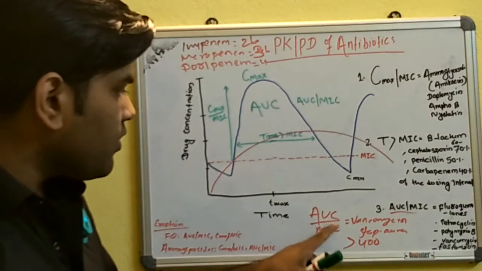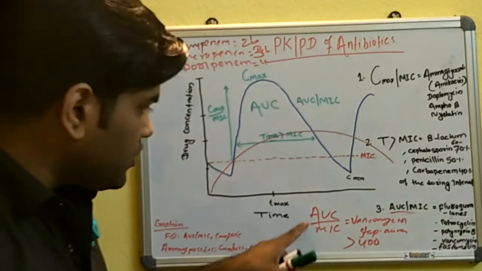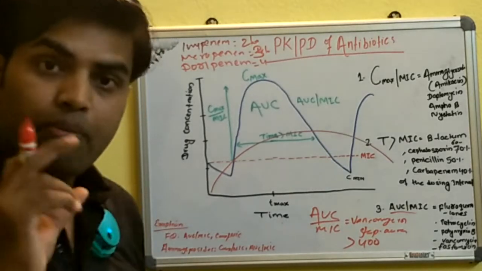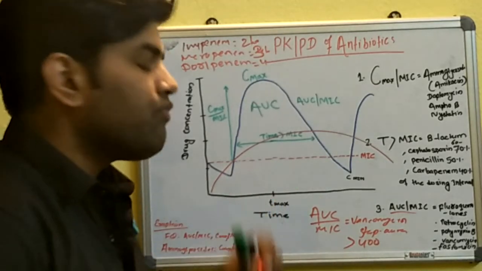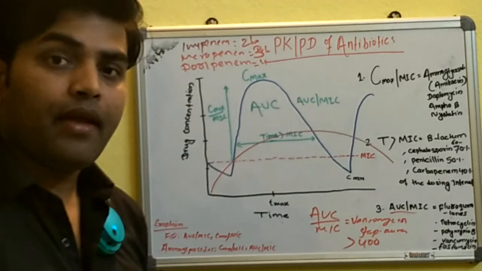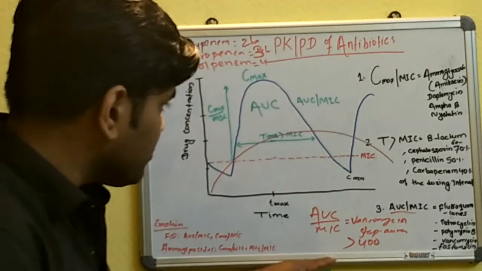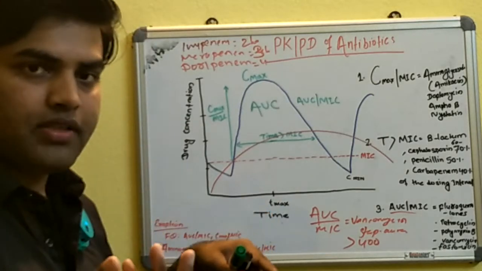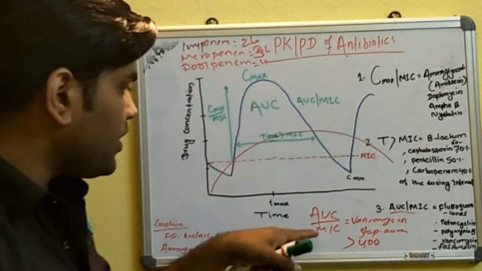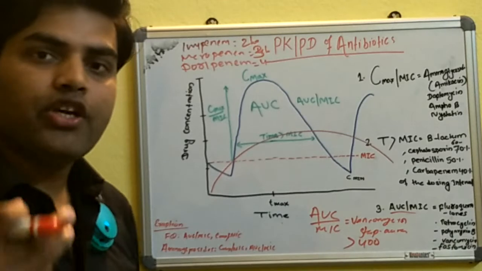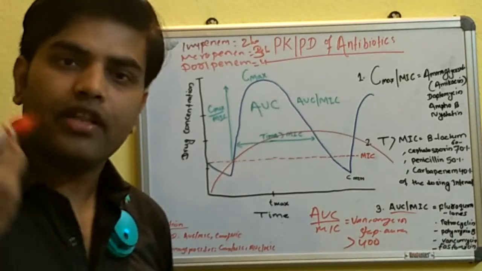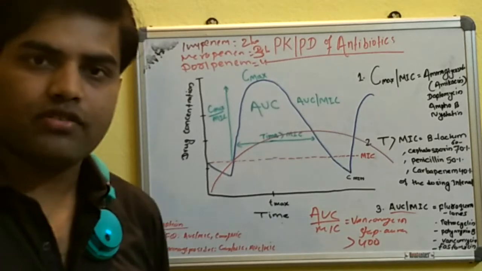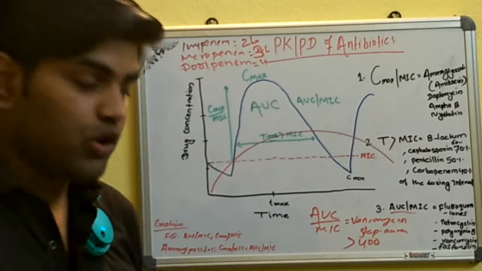Look, the area under curve by MIC, if we divide for vancomycin for Staph aureus, then for better killing it requires above 400. If you are going to achieve this, the 24-hour drug concentration above MIC is 400 times that of the MIC, then only you will have a better clinical outcome, better killing of that Staph aureus. That is very much important.